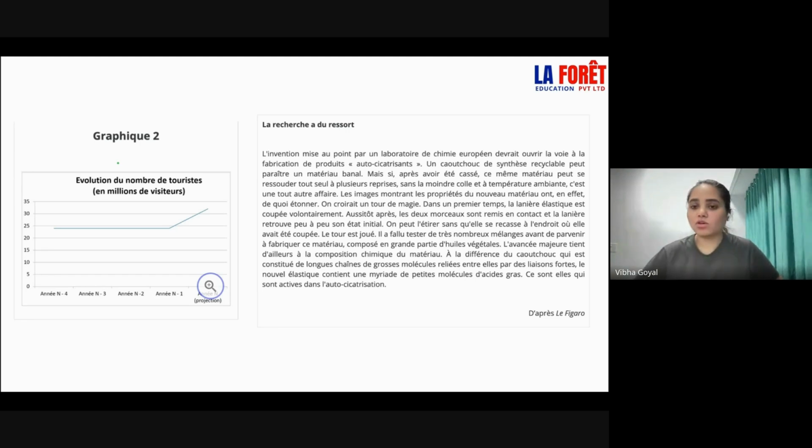So you should have basic knowledge of these as well. How to look at pie charts and how to look at Venn diagrams. Generally the documents are not very complex, needing specialized information. These are very basic. So, évolution du nombre de touristes.